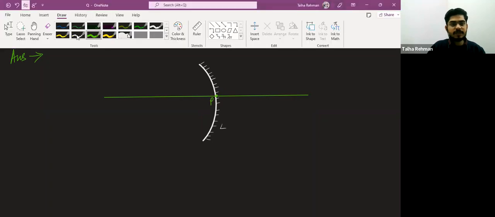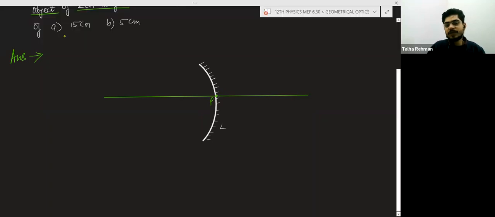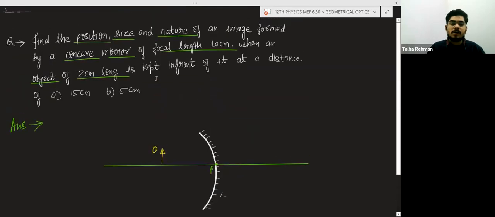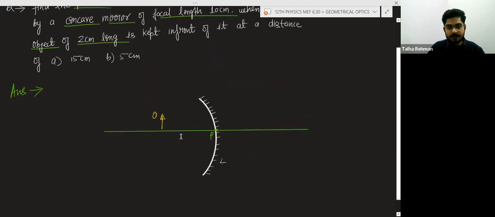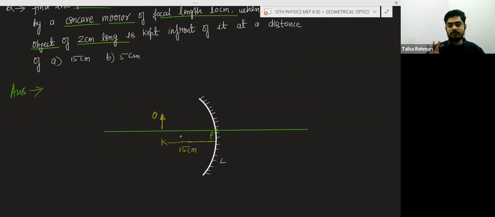The object is placed in front of the mirror. What is the front of the mirror? This is the front of the mirror, this is the back. Here the object is placed, at a distance of 15 centimeter. So this distance is 15 centimeter. Focal length is given.